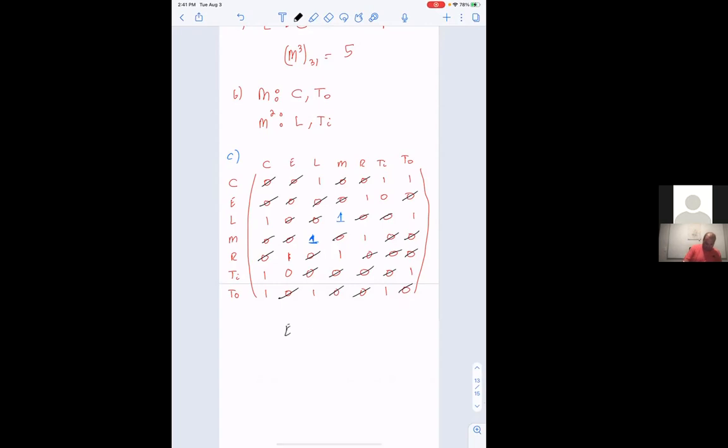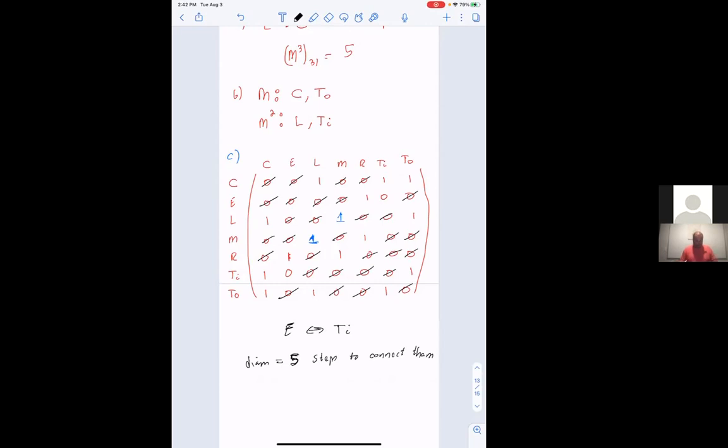So Eigg to Tyree. After 4 steps, they're still not connected. If I do this to the 5th power, now they're connected. So 5 steps to connect them. So the diameter of this graph is 5. Eigg and Tyree are 5 away from each other.